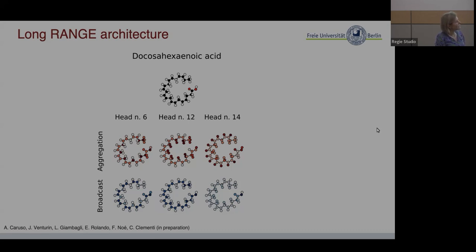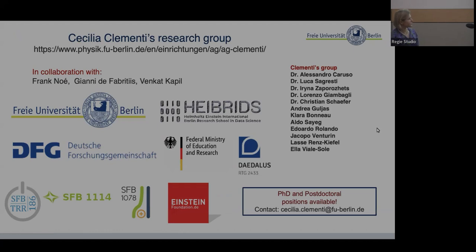For instance, this is for this molecule that I showed the molecular dynamics of. You see all the hydrogens of this molecule communicate with this oxygen here. Or here you have that all the internal hydrogens communicate with all the carbons. So this is really distributing the information across the whole molecule.